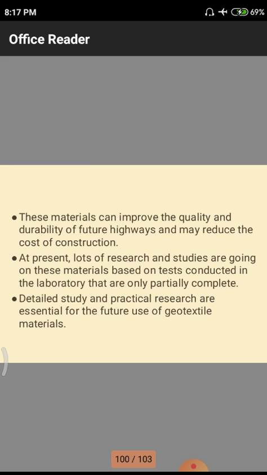Whenever we utilize geotextiles, automatically those geotextiles are responsible for lasting many years by providing a solid coat to the structure, so that we reduce the money spent on repair works. These materials can improve the quality.